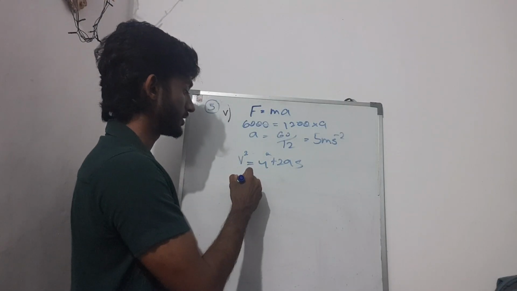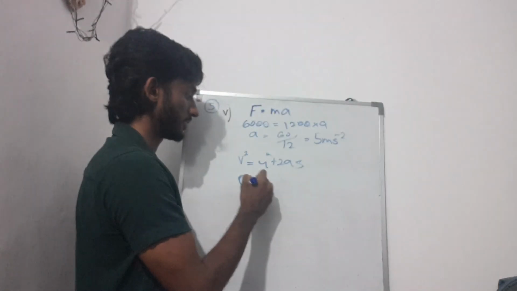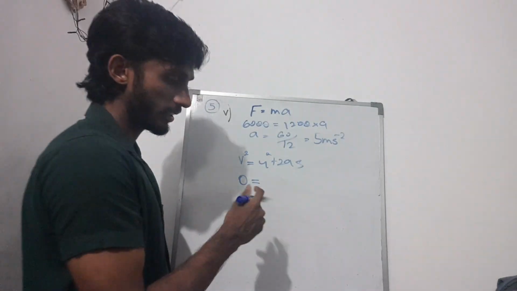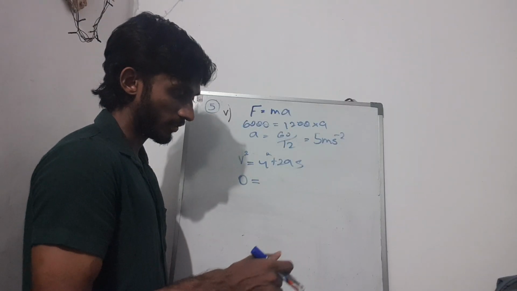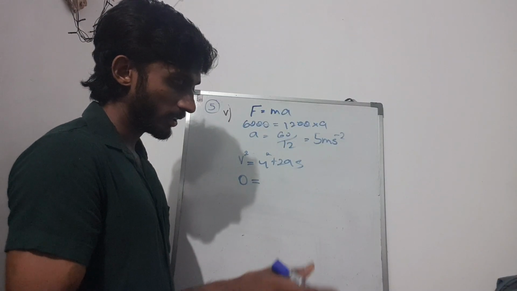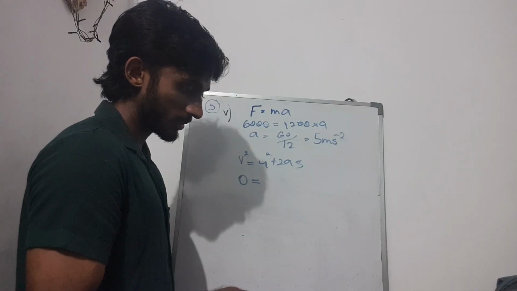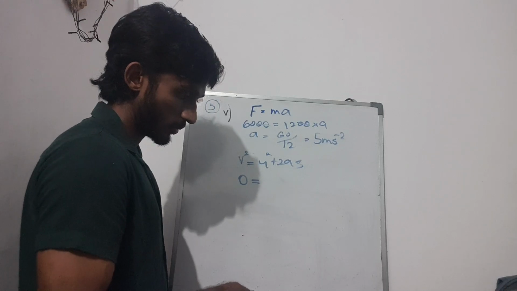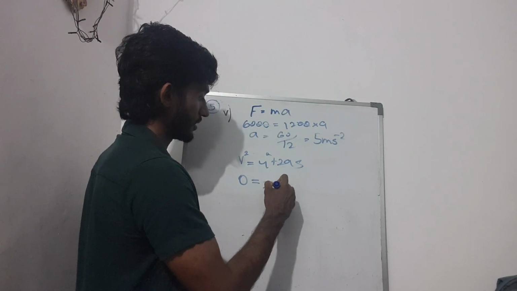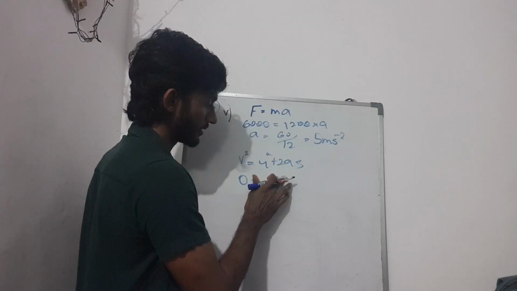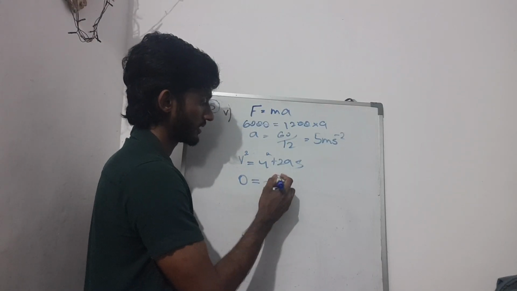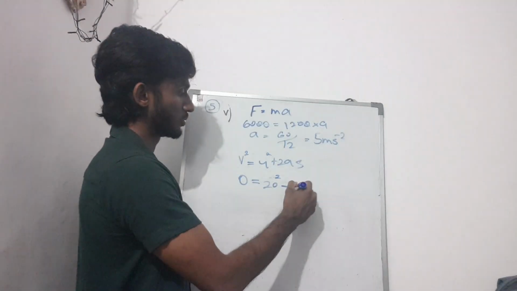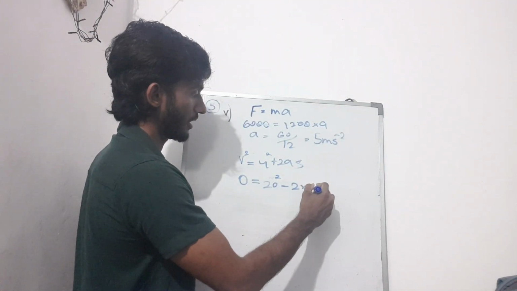V squared is 0 when the car is stopped. U is 72 kilometers per hour. We convert that value to meters per second, which is 20. 20 squared, with the acceleration minus 5.